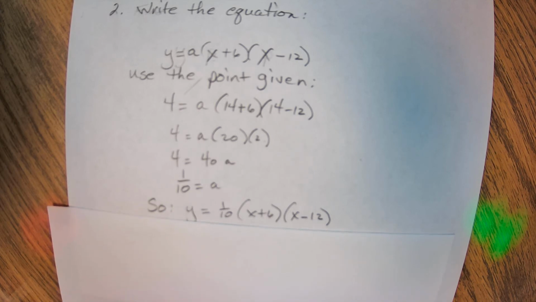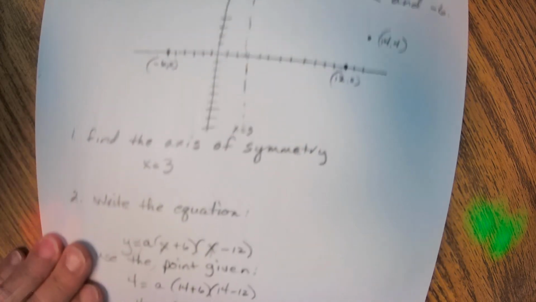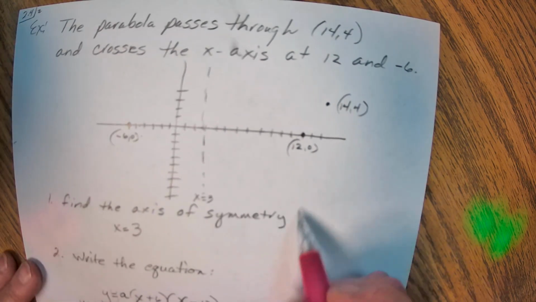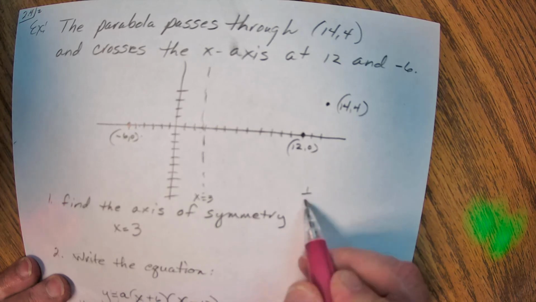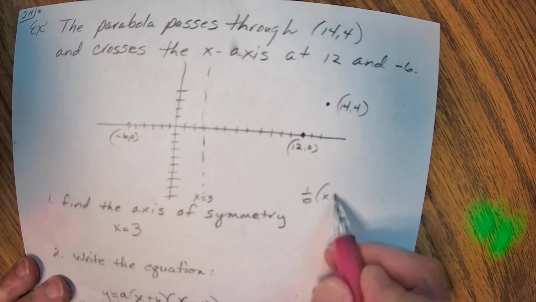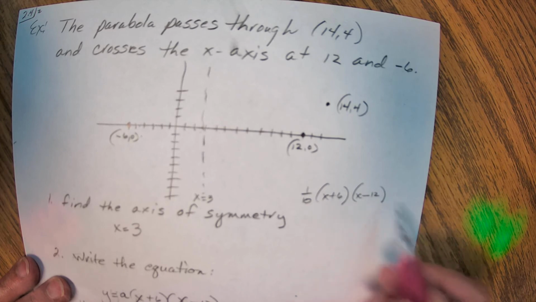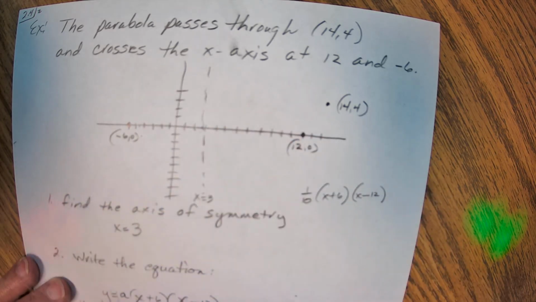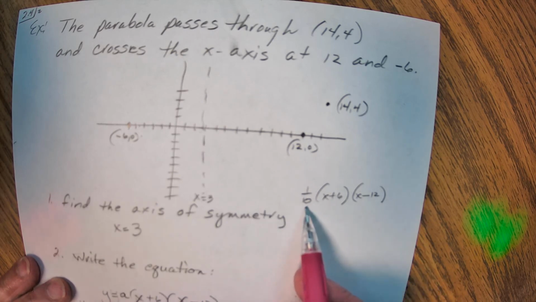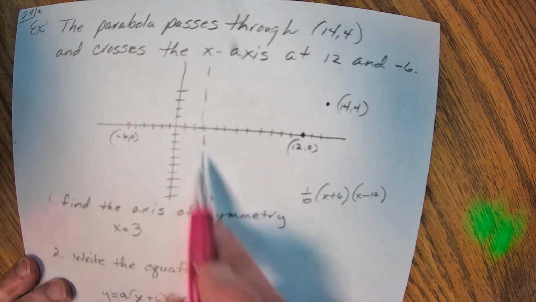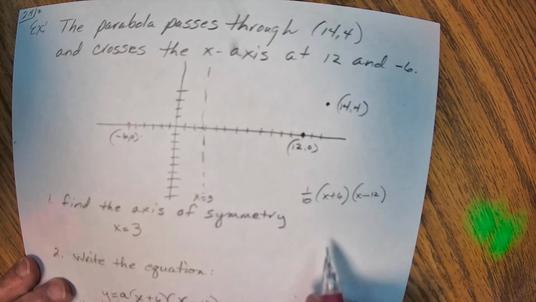All right, so how do I finish graphing this? Let's go back up here. I'll rewrite the equation just so we can see it. Okay, I know that the x value of the vertex is 3, because remember, the vertex is always on the axis of symmetry.